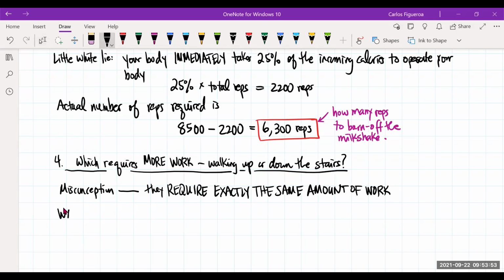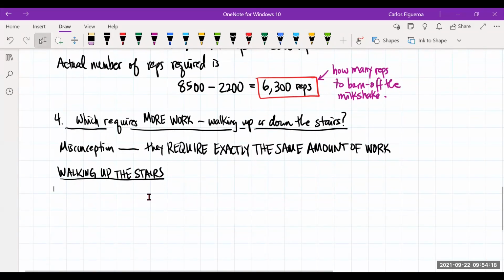So let's talk about walking down. Oh no, how about walking up the stairs is the first one. This is the first one that we want to look at here. So what I need to do is set up stairs. So here's the ground floor. What I'm going to do here is now have a set of stairs.